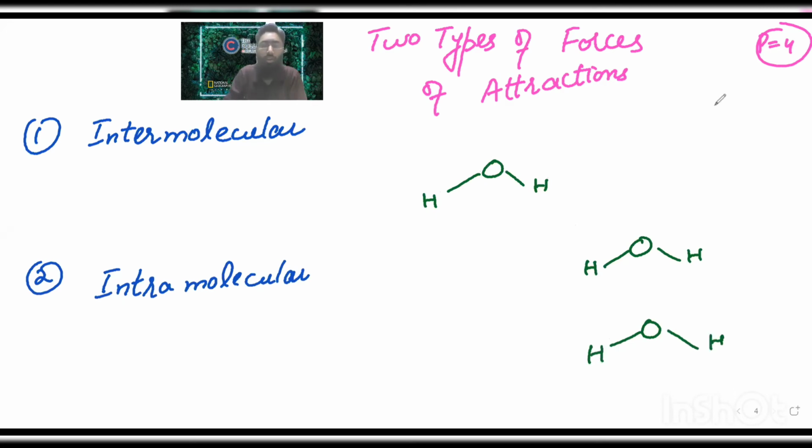Just imagine there are so many water molecules, and there is a force of attraction between one water molecule and another water molecule, and we call that force of attraction intermolecular.